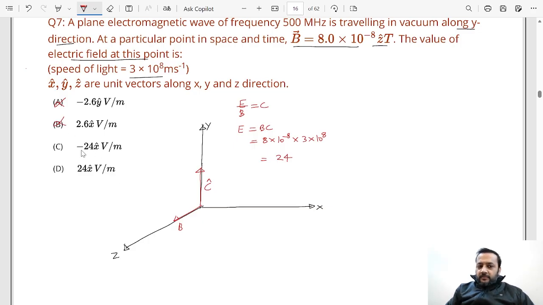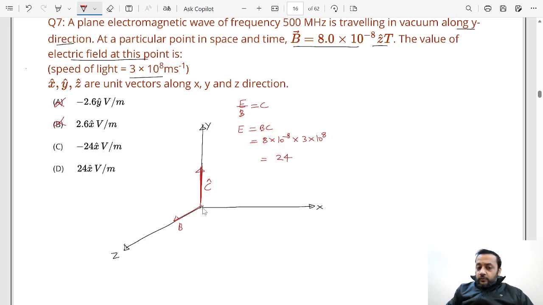Now we have to choose the direction between minus i cap and plus i cap. How can we do that? Remember, here the magnetic field is along plus z cap, and the direction of propagation is along plus j cap. Now remember, the direction of E cross B, electric field cross magnetic field, gives you the direction of propagation of light.